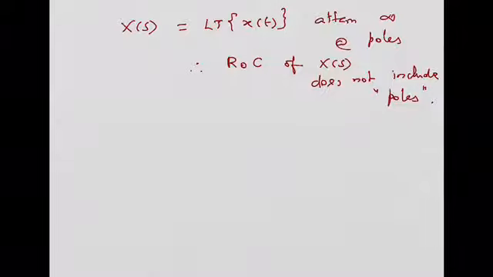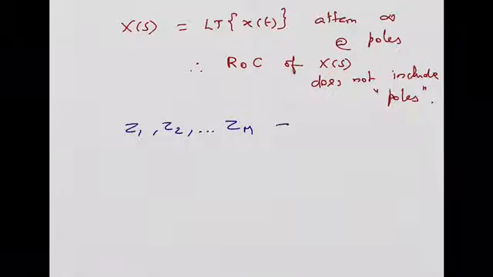I'll explain. Don't worry. One after the other, we'll explain. In a realizable system, the number of zeros will be lesser than the number of poles. What do you mean by that? In a realizable system, the number of zeros z1, z2, z3, z4, how many roots of the numerator polynomial have we told?